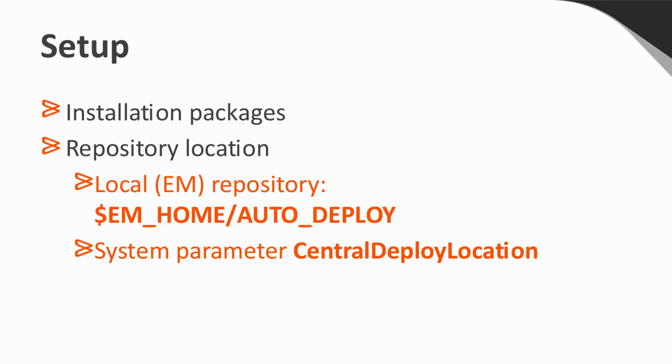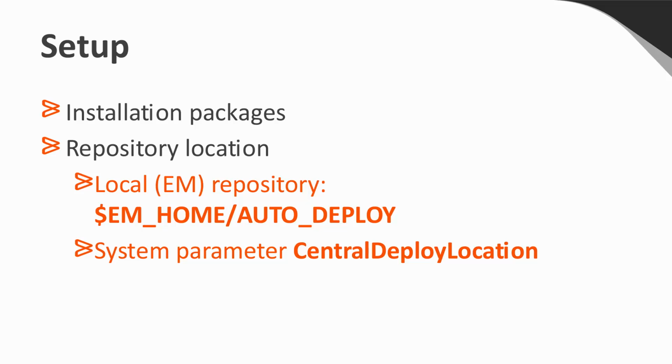Once we have the packages, we need to copy them to our repository. That's the one single point of access used to distribute the packages to the agents. We have two options here. We can use a local repository on our Control-M Enterprise Manager server. Here is the path. As you can see, it is a default directory named auto_deploy. And the other option is to save the installation packages to a specific network location.